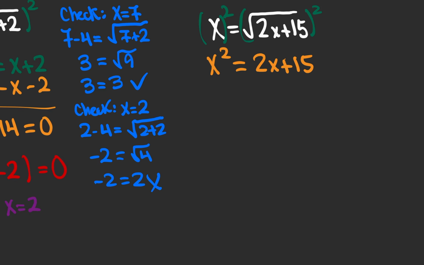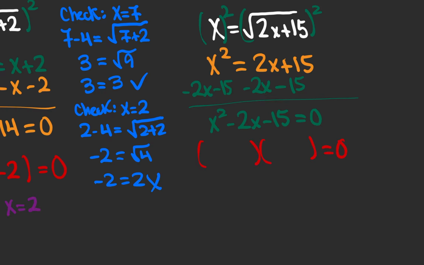We then move all the terms to the side that contains the x squared. So we do minus 2x minus 15 on both sides. These are not like terms, so we leave them apart. We have x squared minus 2x minus 15 is equal to 0. We then find the factors of this quadratic.